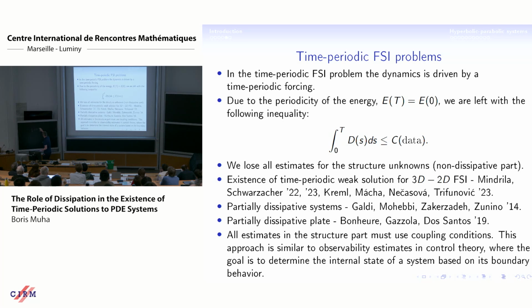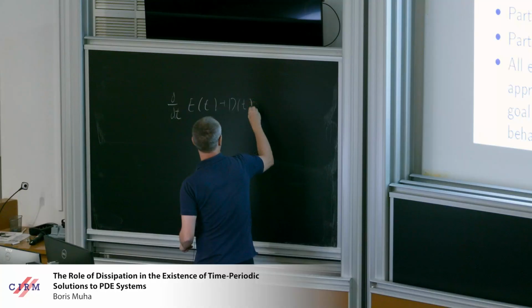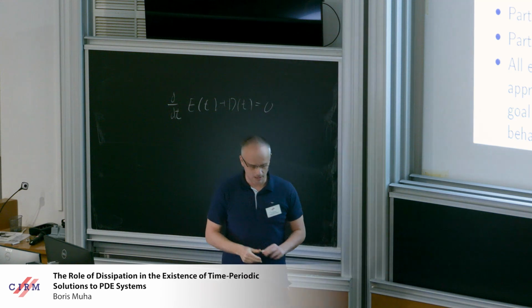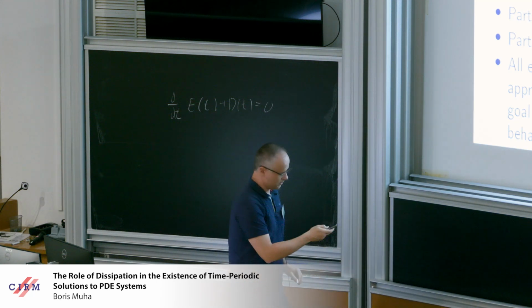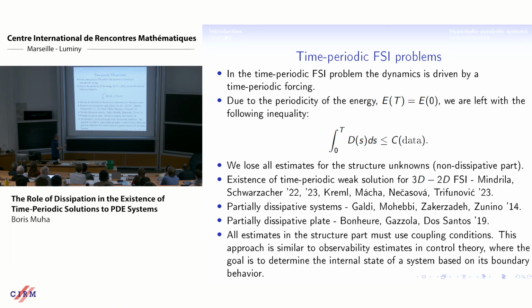And of course, if you have some dissipation, then you get something. You get some boundedness, like here. You get some estimate, but it's usually not enough, because you just get an estimate from dissipation, but not from energy. But the point in the fluid structure interaction system is that they are coupled.